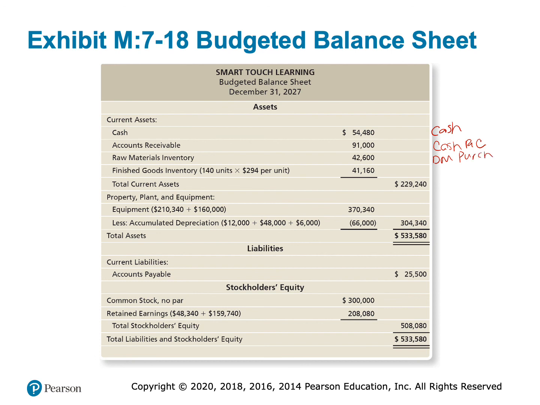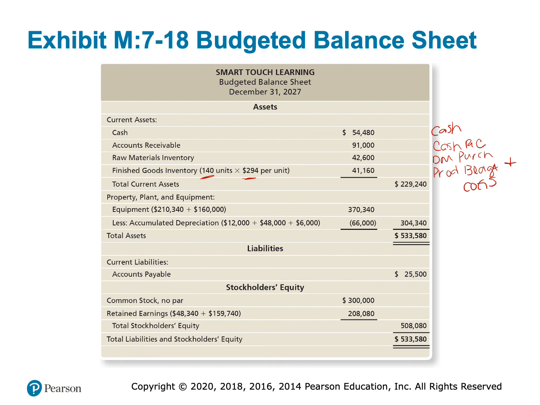The finished goods inventory, this number came directly off of the production budget. So if you look at your production budget, it said ending inventory was going to be 140 units. And we know based off the cost of goods sold budget that each unit has a cost of $294. So 140 times 294 is how we get that finished goods inventory. So that's really production budget and cost of goods sold budget.